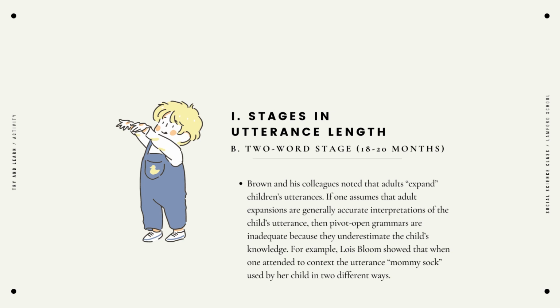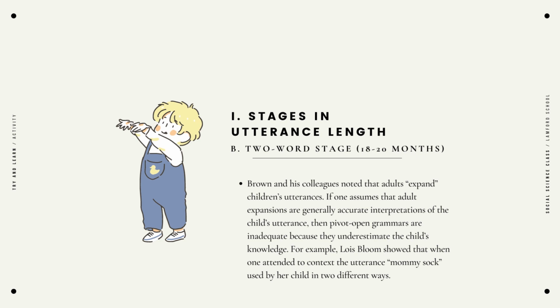Additionally, for the two word stage, Brown and his colleagues noted that adults expand children's utterances. If one assumes that adult expansions are generally accurate interpretations of the child's utterance, then pivot open grammars are inadequate because they underestimate the child's knowledge.